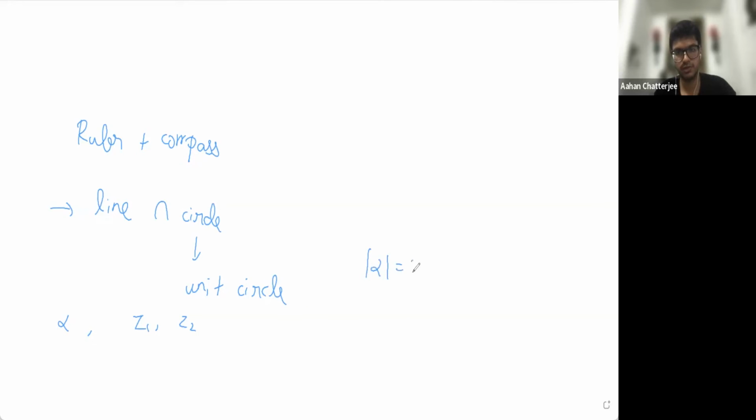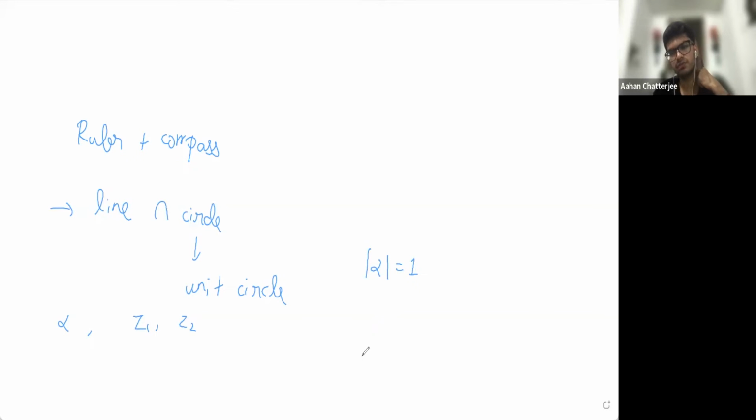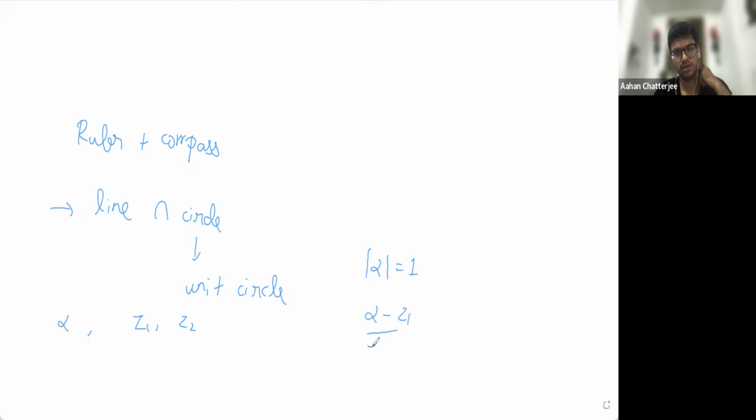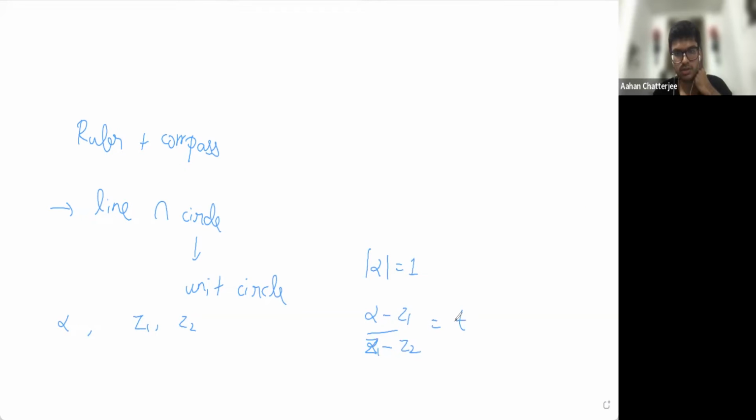It will be a complex number of degree at most 2 algebraic. The equation of the line is something like (alpha minus Z1)/(Z1 minus Z2) is, say, T.